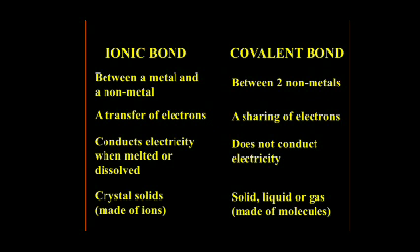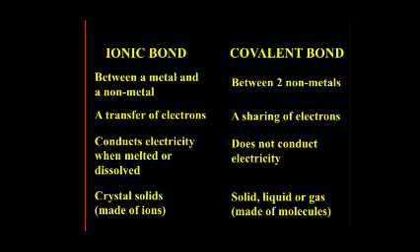Ionic compounds conduct electricity when melted or dissolved. Ionic compounds are non-conductors in the solid state, but in aqueous solution or molten state, they act as conductors. Covalent compounds do not conduct electricity. These ionic compounds are available in crystalline solid state.